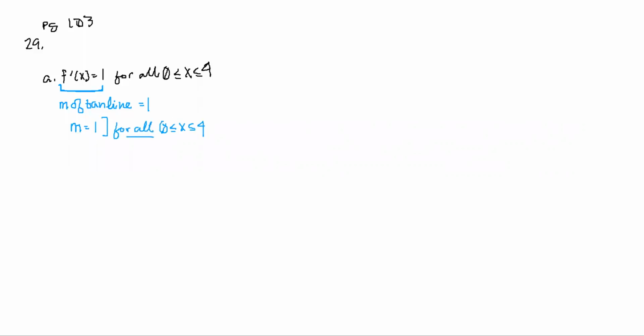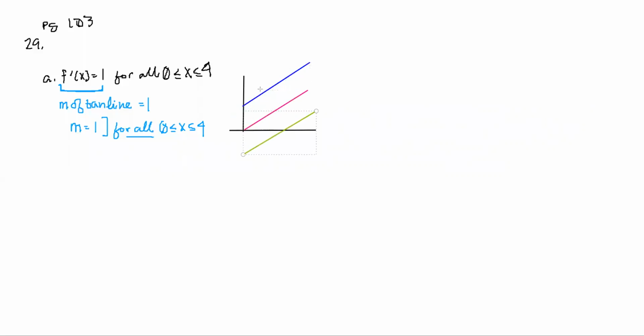So if I were to have a graph that looks like this, I could have any number of lines. I could have a line that looks like that, a line that looks like that, a line that looks like this.